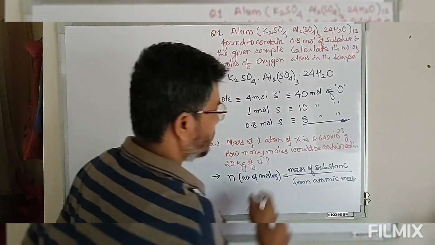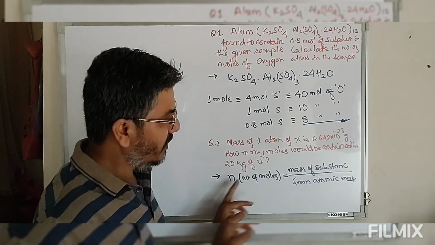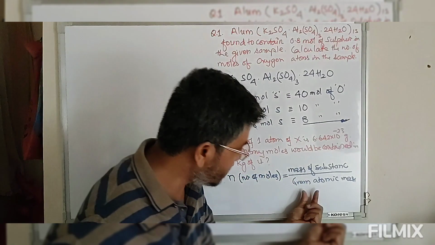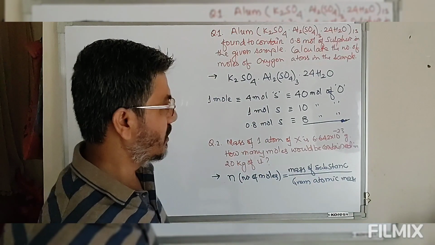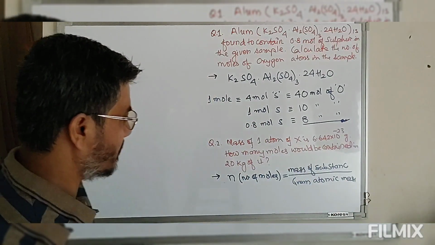Now since we are given atoms, we will consider gram atomic mass. Now look at this, we have to find this number of moles. Now the mass of the substance is given as 20 kilogram. Now what we require is the gram atomic mass. Now the mass of a single atom is given, we have to find the gram atomic mass.